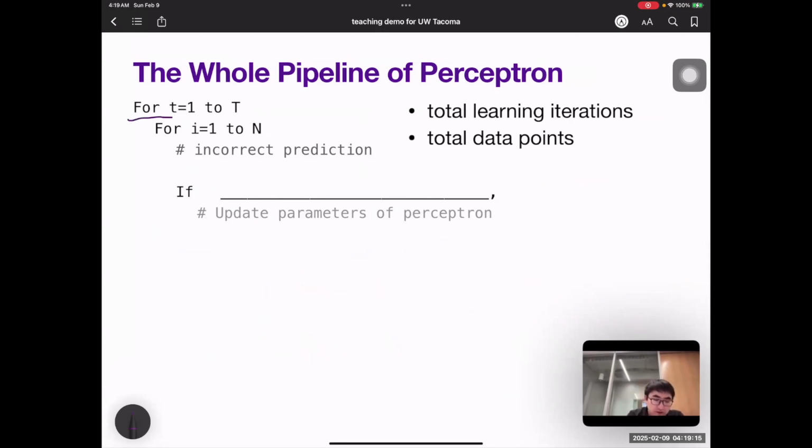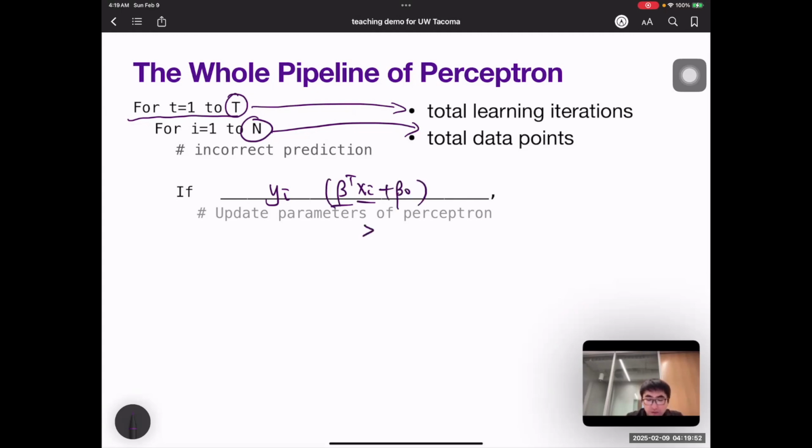For the first for loop, it is saying that we are going to do T rounds of learning iteration. T stands for the total learning iterations. For the second for loop, we are going to go through the data set. N is the data set size. According to our criterion, we are going to update our parameter when we have an incorrect prediction, meaning when yi is inconsistent with beta xi.